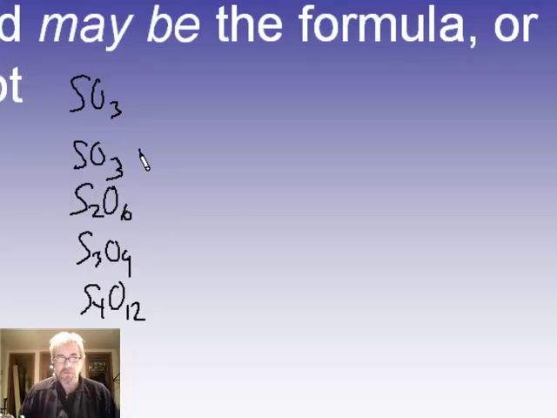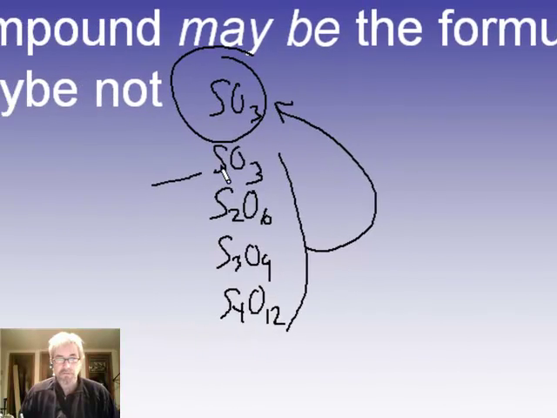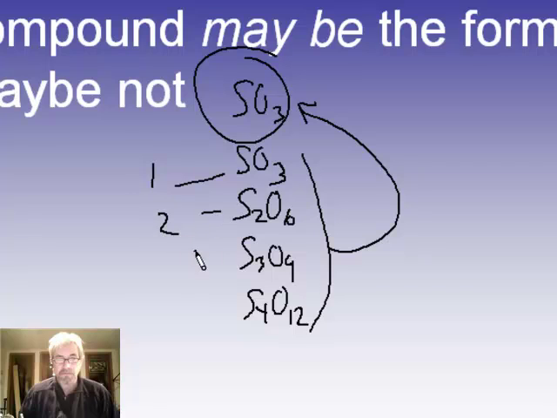All of these have the same simplest formula, SO3. So for molecular compounds, simplest formula may not actually be the formula, but it's related because these things are all whole number multiples, 1, 2, 3, and 4 times SO3.